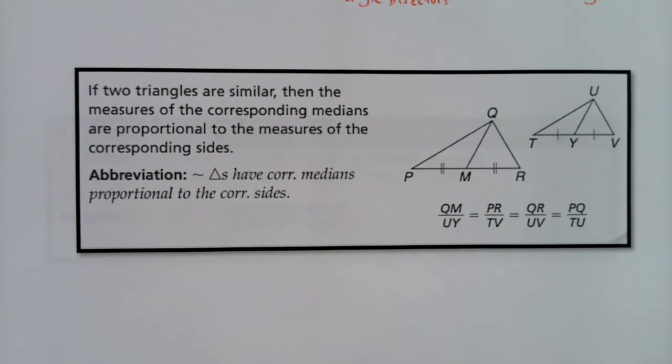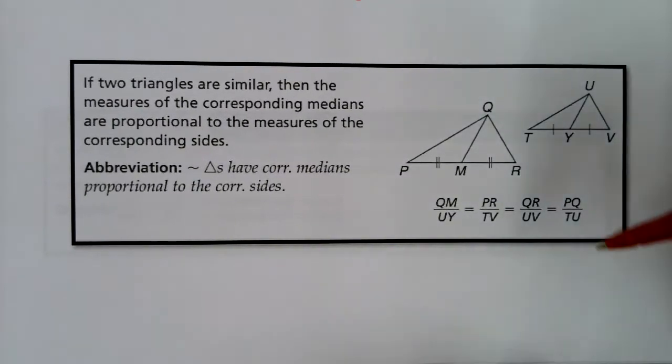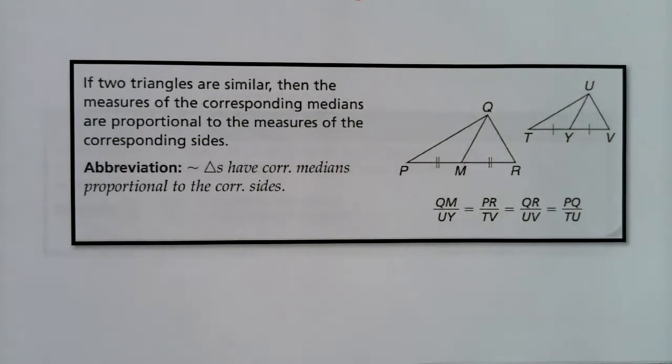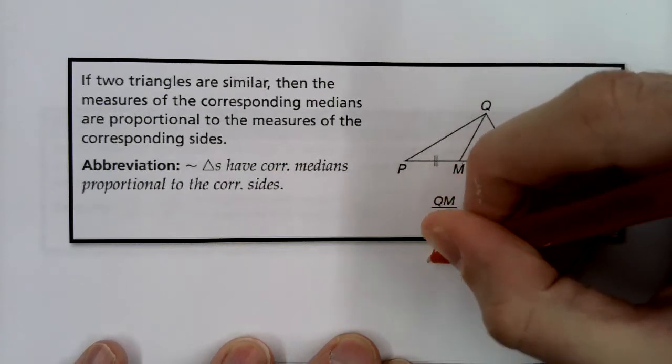If 2 triangles are similar, then the measures of the corresponding medians, so QM is a median and UY is a median, the measures of the corresponding medians are proportional to the measures of the corresponding sides. So this is a median. These are the medians.